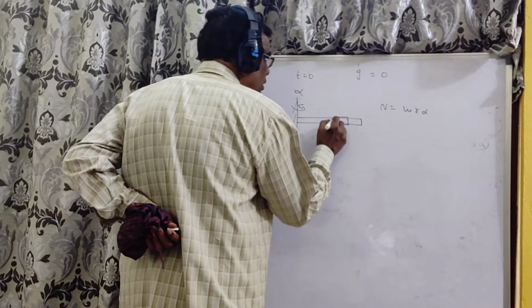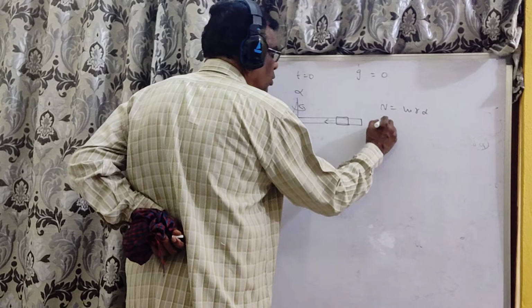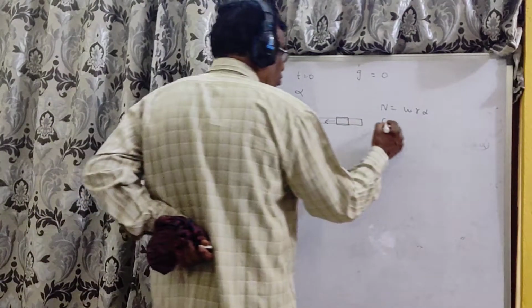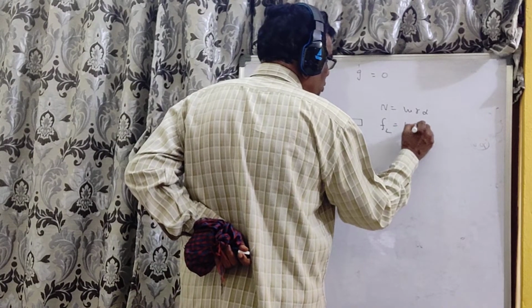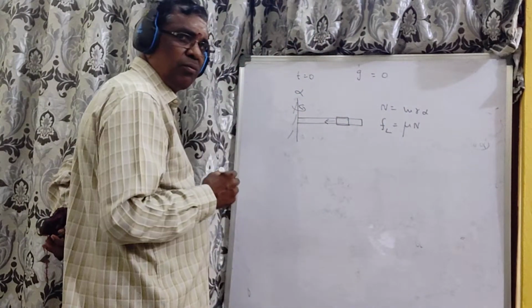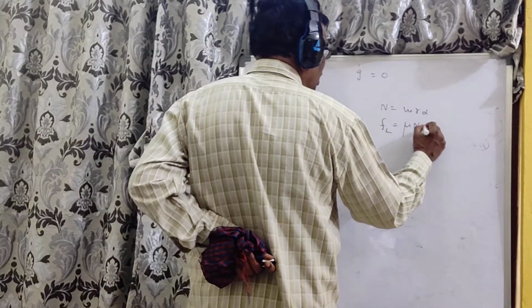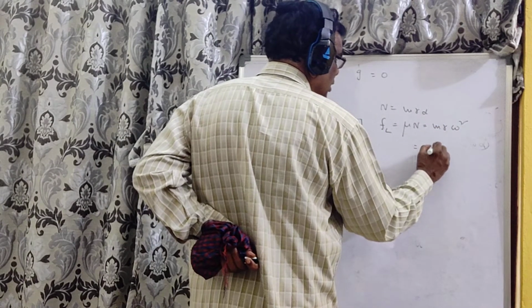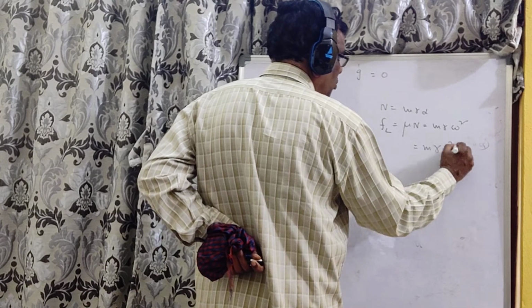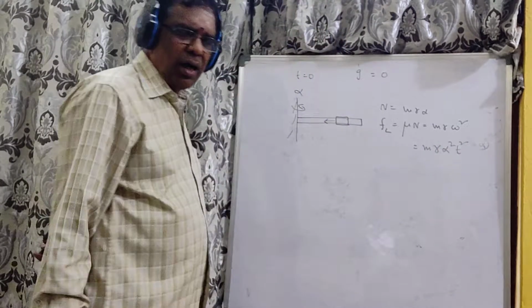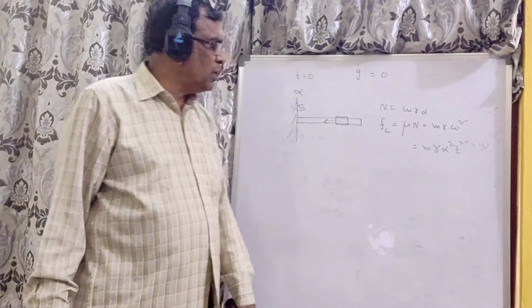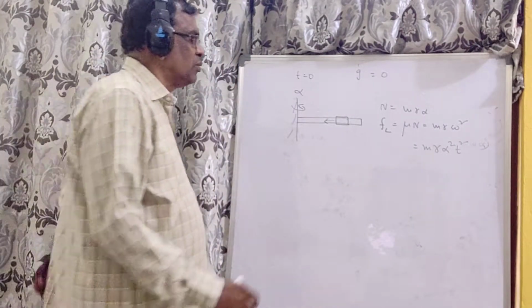And what provides the required centripetal force? The body is just about to move. FL is equal to mu N. But what is FL? m R omega squared, omega is alpha t, therefore m R alpha squared t squared.